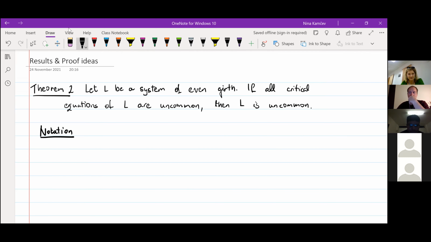So for system L, and for a coloring of F_q^n, or rather for a subset of F_q^n, we denote the density of monochromatic solutions by lambda_L(A). I'm just still doing technicalities, sorry.